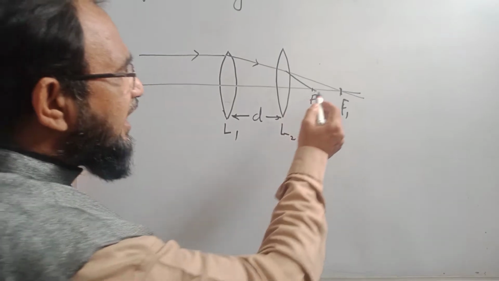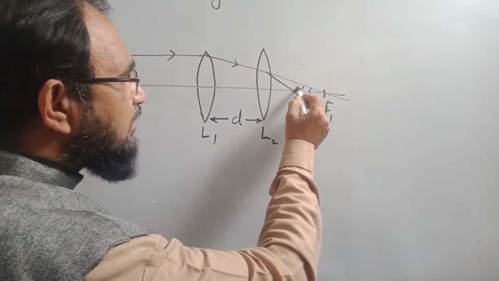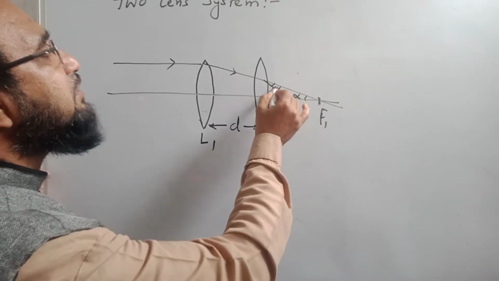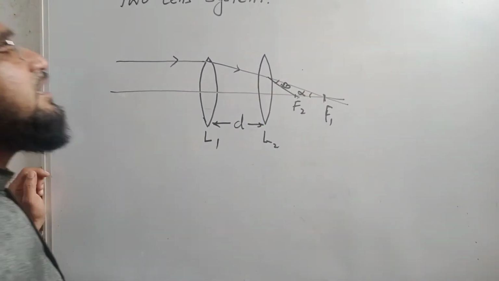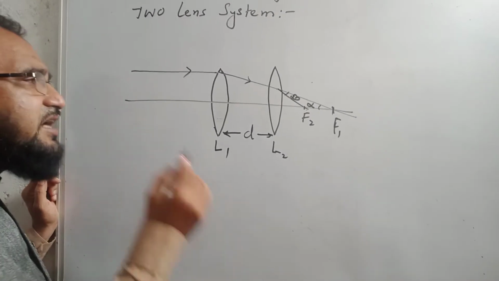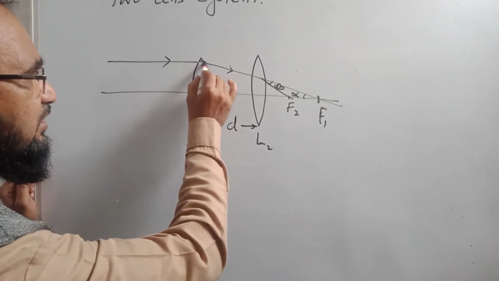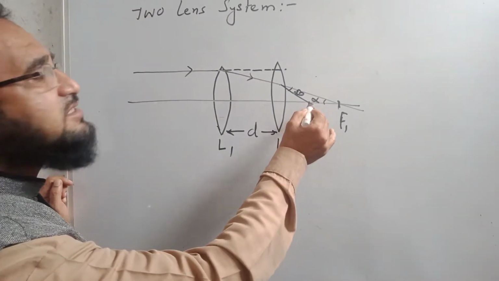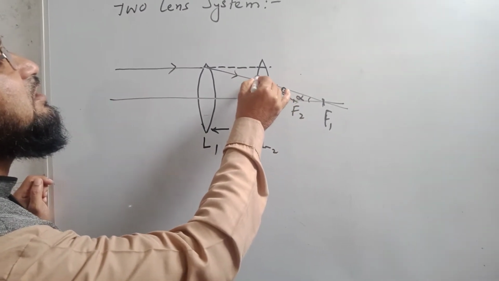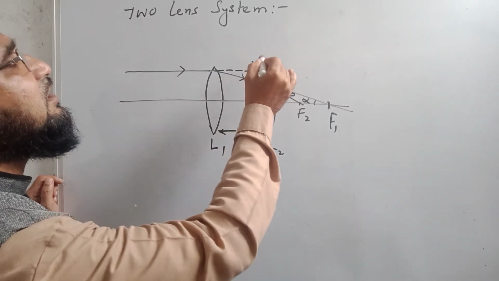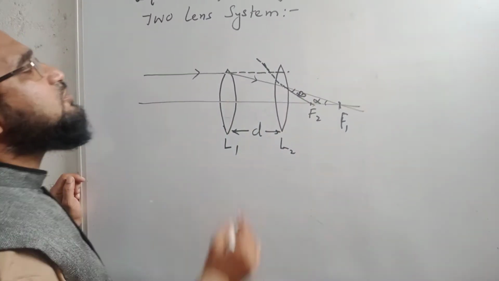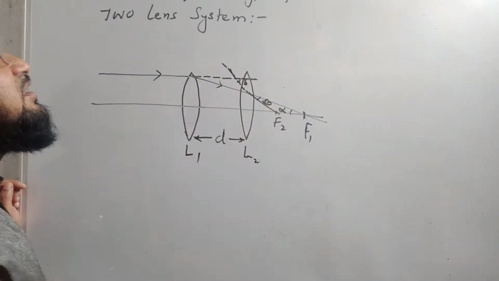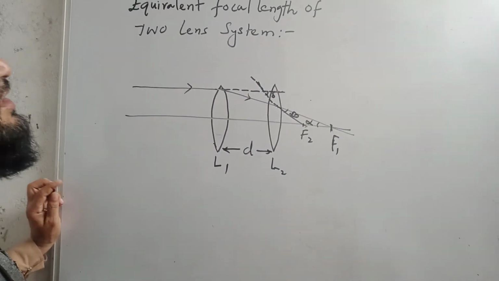Let us say this angle is alpha and this angle is beta. Now I will extend the incident ray and the emergent ray, so that there is an exterior angle delta.